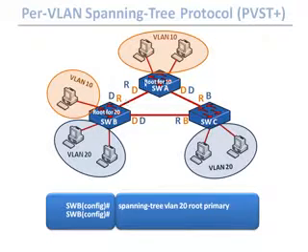And so now we have two spanning tree instances running on the same topology for the two VLANs, and switch A is the root bridge for VLAN 10, but switch B is the root bridge for VLAN 20. And if we want to make switch B the backup for VLAN 10, well, that's easy too. All we have to do is, in global configuration mode, type spanning-tree VLAN 10 root secondary.